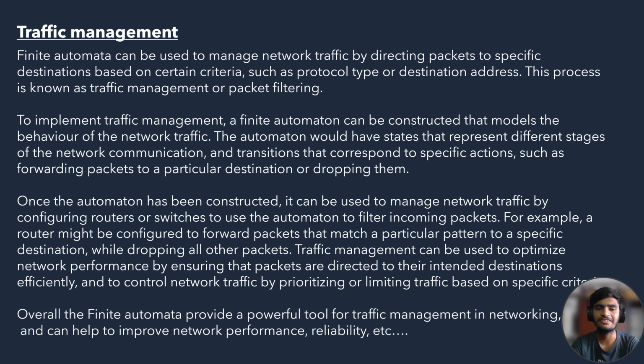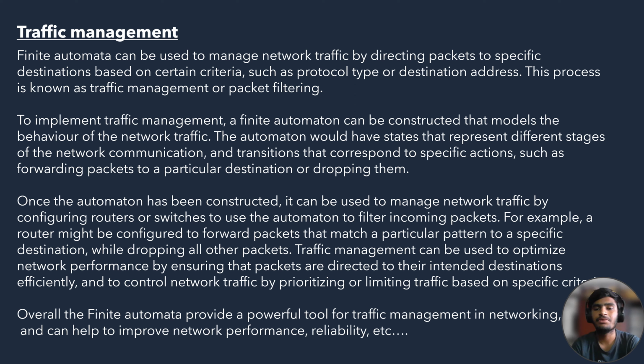Once the automaton has been constructed, it can be used to manage network traffic by configuring routers or switches to use the automaton to filter incoming packets. For example, a router might be configured to forward packets that match a particular pattern to a specific destination while dropping all other packets.